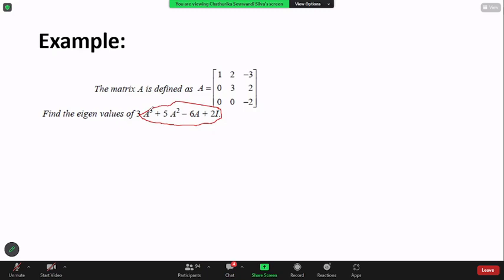So the final matrix we get as the result is again a 3 by 3. If the output matrix is also a 3 by 3 matrix, then how many eigenvalues should it have? 3.